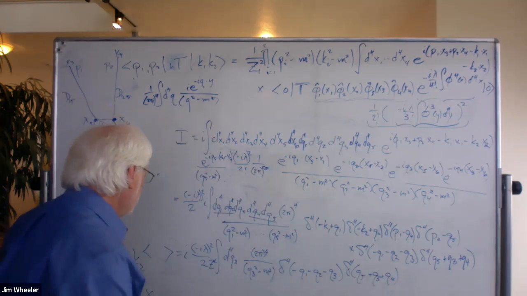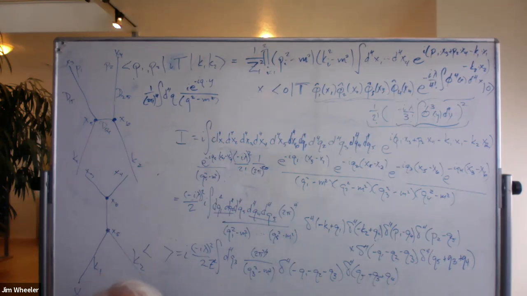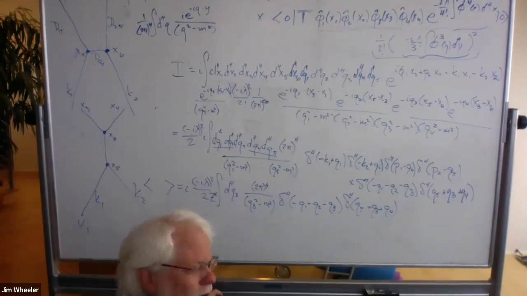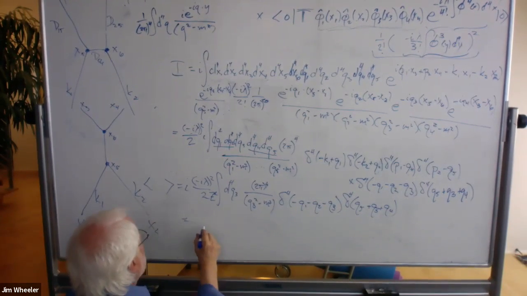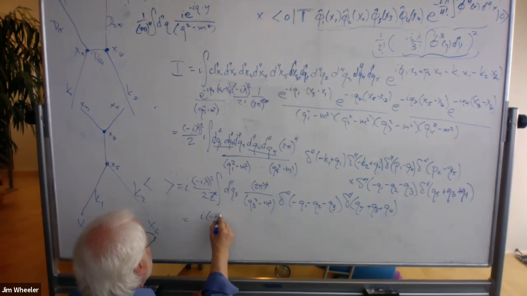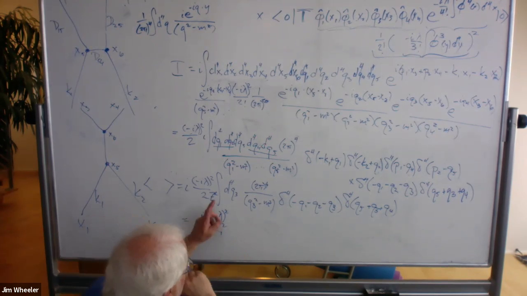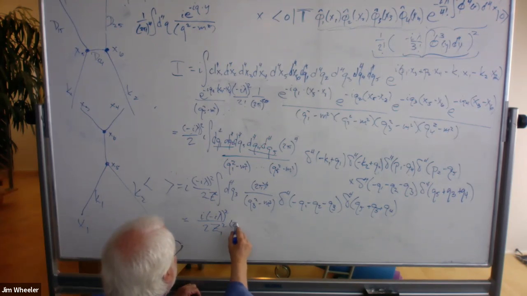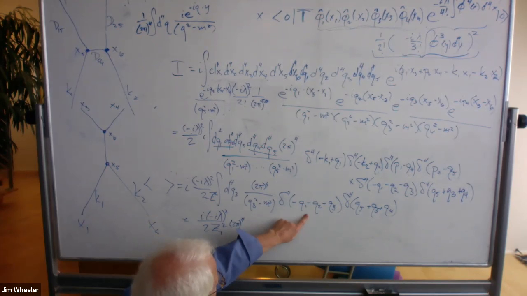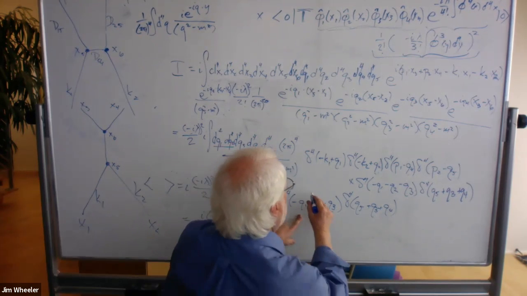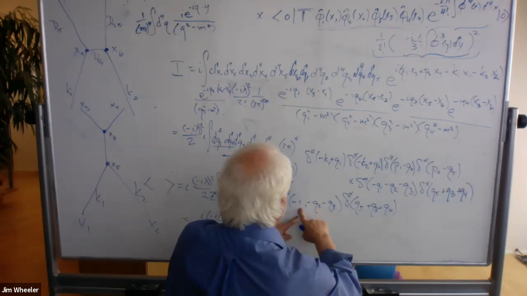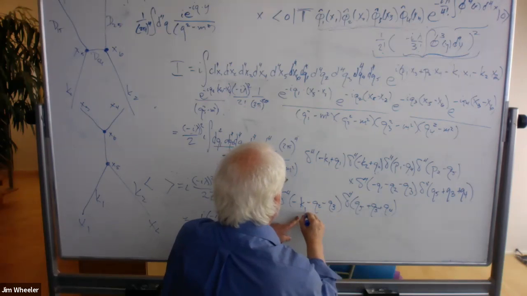Okay, so now we do Q3. Can you see down this slope? So minus i lambda squared over 2z squared. Then we do the integral. There's 2 pi to the 4th. Then these get replaced by P. So Q1 has become K1.